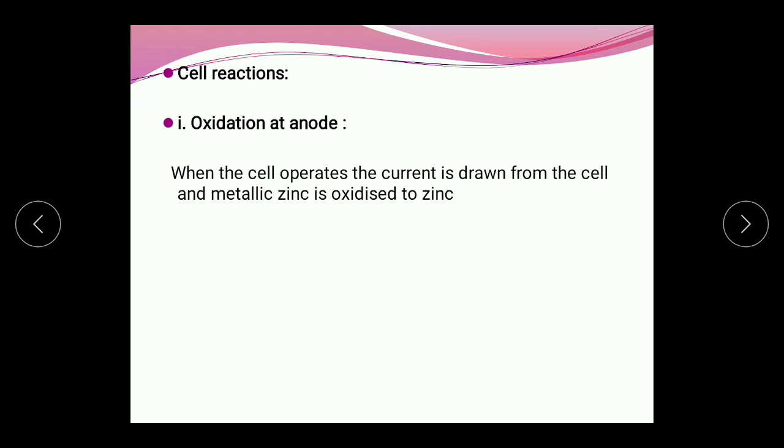Hence zinc will get oxidized to zinc ions. So Zn gives Zn2+ plus 2 electrons. Understood? So metallic zinc is oxidized to zinc ions. As electrons are removed, it is oxidation.